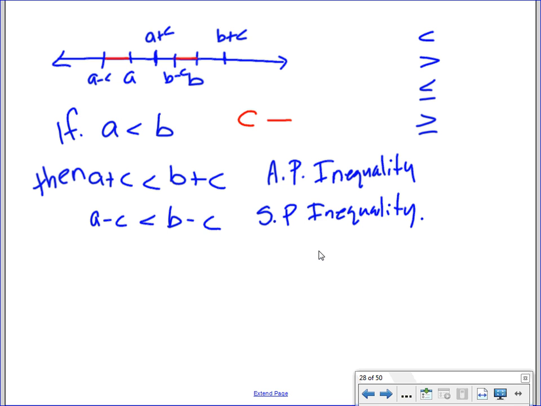Basically what these two say is that if you have an inequality, it's okay to add or subtract the same thing from both sides of the inequality. The inequality will stay in effect, or will stay in imbalance, if you will.